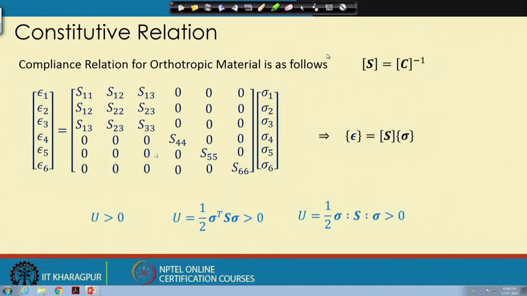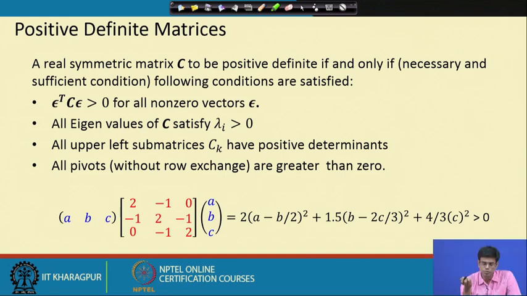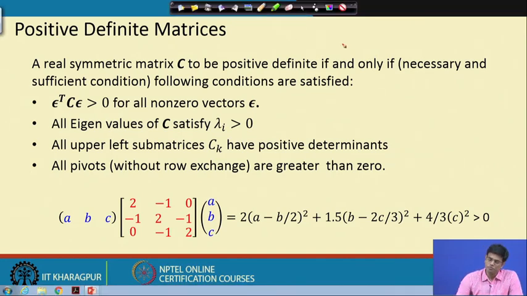Before discussing those issues, let us see what a positive definite matrix means. A real symmetric matrix C is positive definite if and only if, which is sometimes written as IFF, meaning necessary and sufficient condition, the following conditions are satisfied.